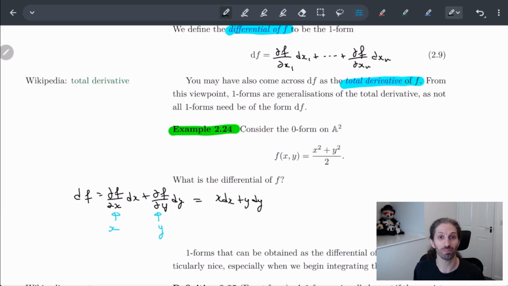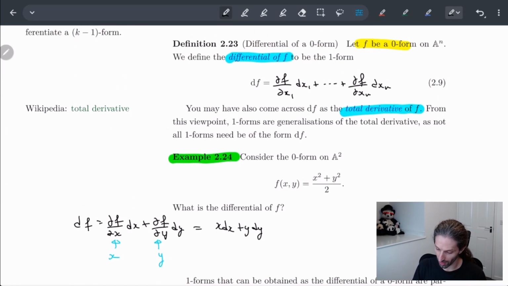So it sounded all complicated and confusing, but really you just take the derivatives everywhere and you're good to go. Now, when we were talking about how there's this difference between total derivatives and one forms in general, this is basically the idea of an exact one form.